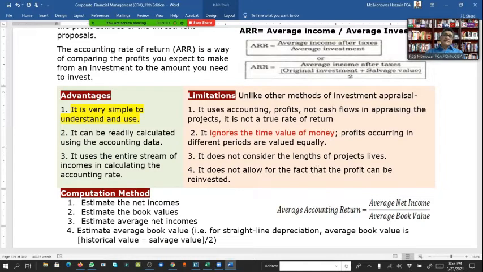But here, all are considered the same, and it does not consider the length of the project life. It does not allow for the fact that profit can be reinvested, as we have seen in internal rate of return. The profit we get can be reinvested, and that's why IRR is calculated that way. So it is the limitation.